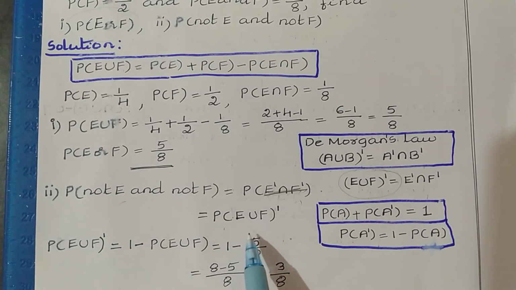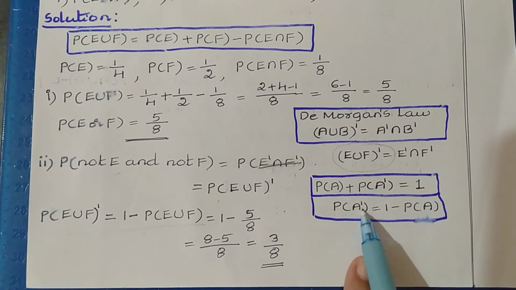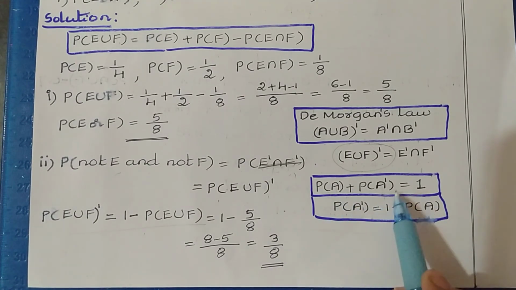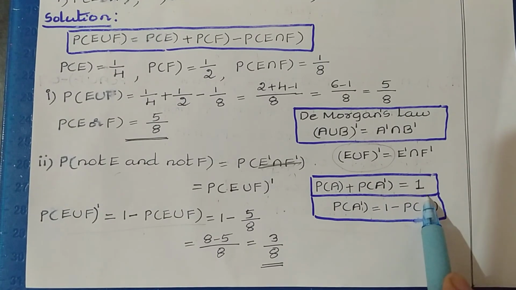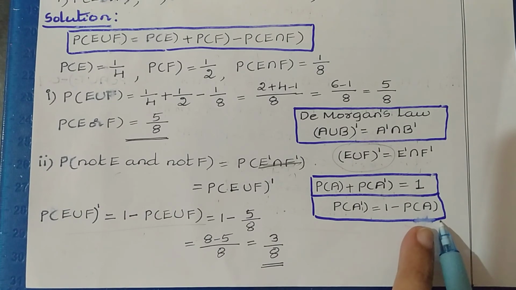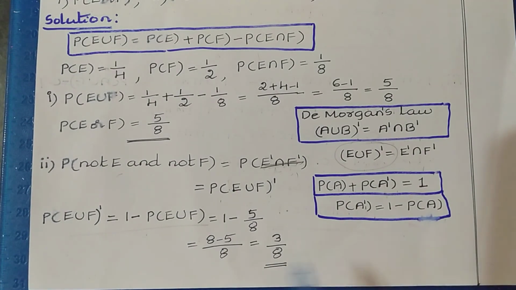Next here, probability of E union F complement. This we can write this way, because see, we have the formula probability of event not A, where probability of A plus probability of A complement is equal to 1, or probability of A complement is equal to 1 minus probability of A. We know about this formula, so the same formula I am modifying.